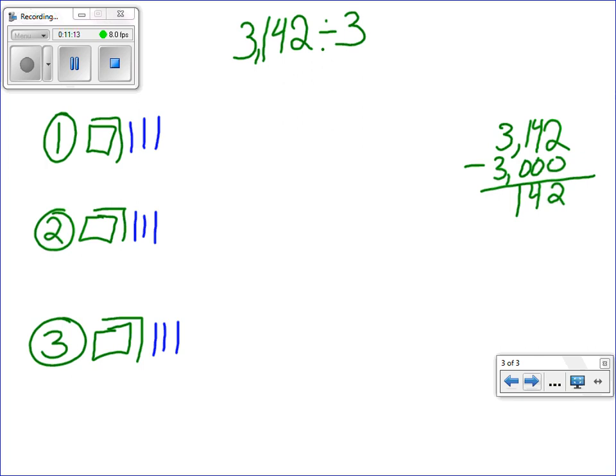Now, I just shared 90 because 3 times 3 is 9, but remember each one is actually 10. So 9 times 10 is 90. I'm going to subtract 90 from 142.